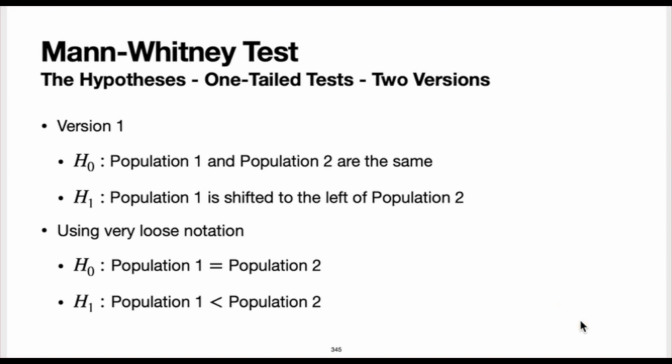And the reason I hesitate in calling these left or right-tailed tests is because we have to wait until we get the labeling, the 1 and 2 labeling. Right? We start off with the A and B labeling, but we've got to wait until we get the labeling for 1 and 2 to specify the hypotheses in this way. And that labeling depends on the sample size. All right, so it just seems to me better to be no more specific than saying version 1 and version 2 on these one-tailed tests.